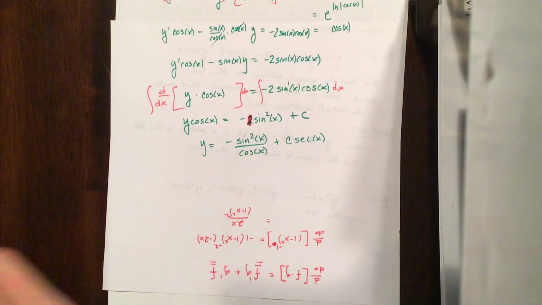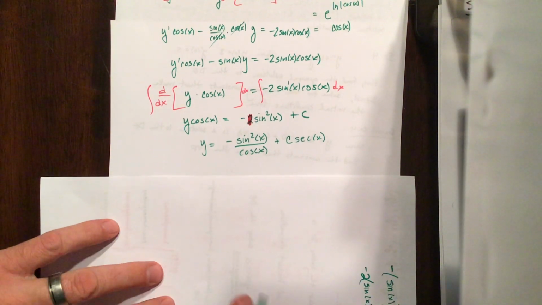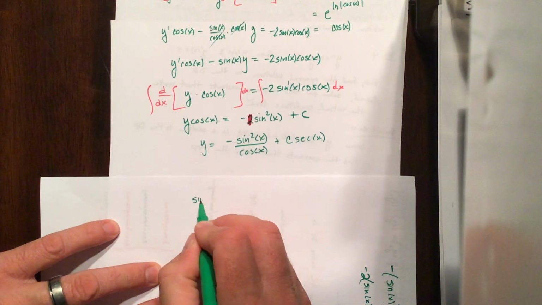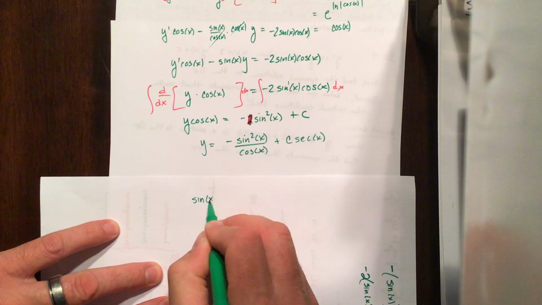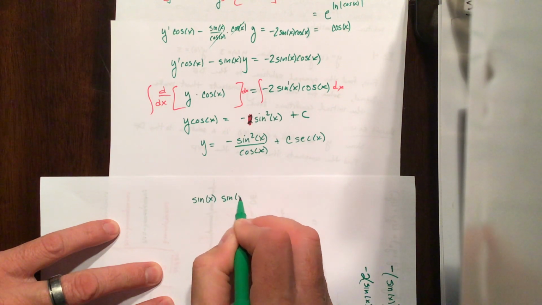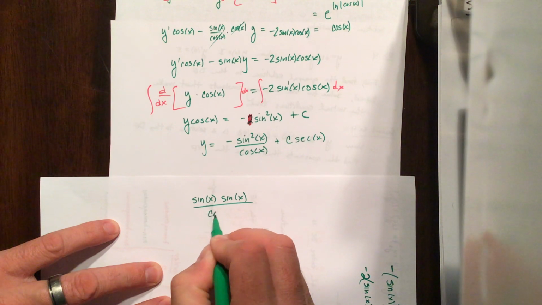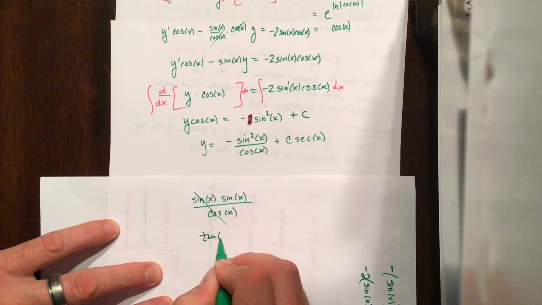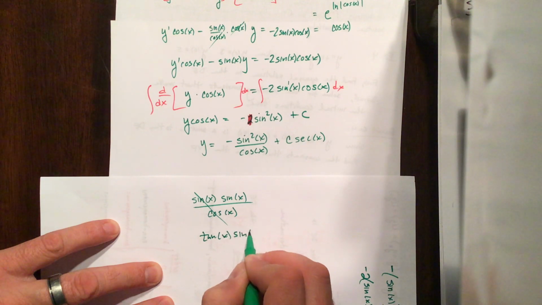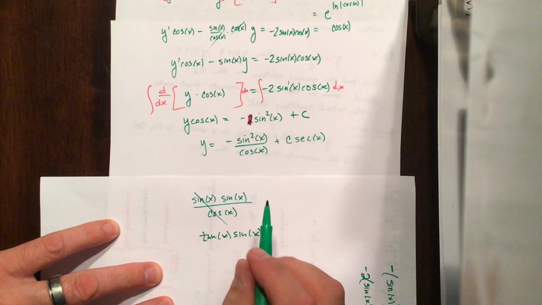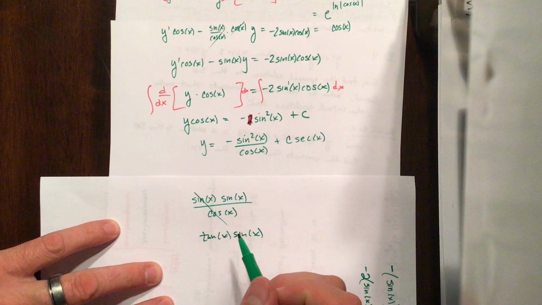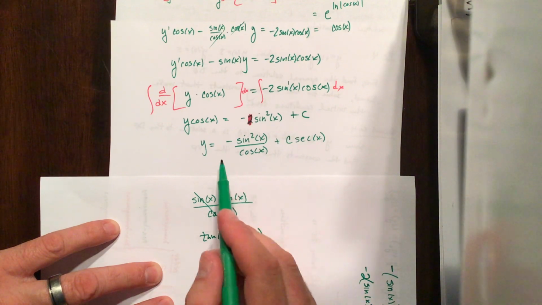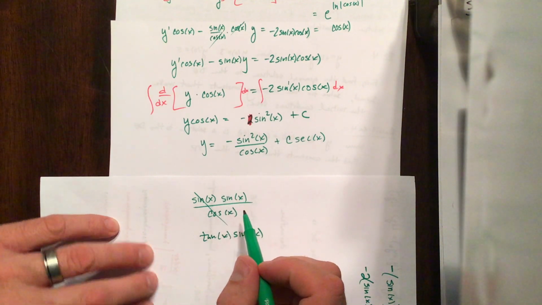So pulling back my scratch piece of paper, sine squared of x is sine x over cosine x. So that's going to be tangent of x, sine x, and tan x sine x is no better than minus sine squared of x over cosine x.